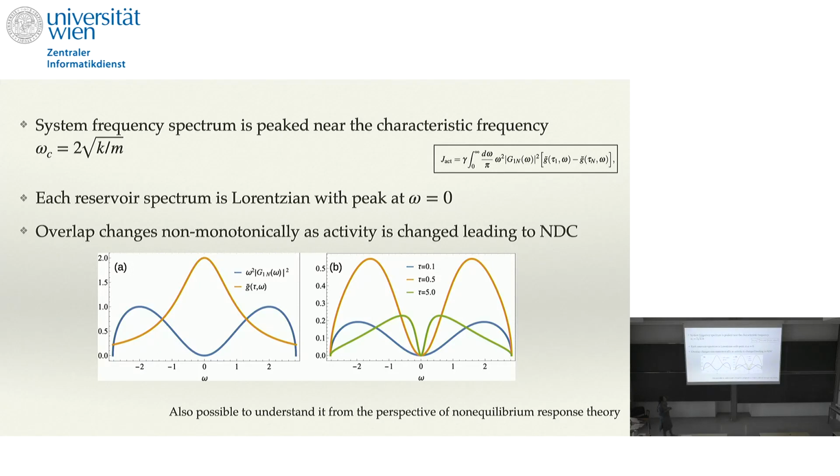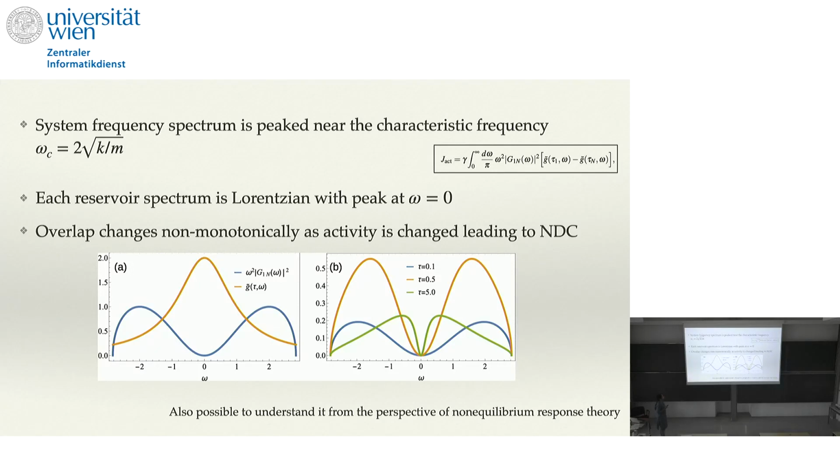So this is the transmission coefficient of the system, and that overlaps with the reservoir spectra. If we plot this overlap, this orange curve is the reservoir spectrum. It's a Lorentzian. On the other hand, the system spectrum has two peaks near its characteristic frequency, which is set by the stiffness of the oscillators and the mass of the oscillators.